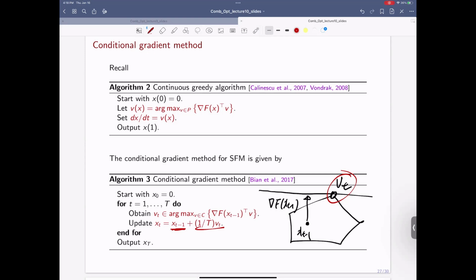What Frank-Wolfe does for the convex case is typically x_{t-1} plus 1 over t times (v_t minus x_{t-1}), in which case you are taking a convex combination between x_{t-1} and v_t. But when you have a submodular function, you don't have x_{t-1} there. This is a difference, but except for this last part, this algorithm is the same as the Frank-Wolfe algorithm for the convex case.